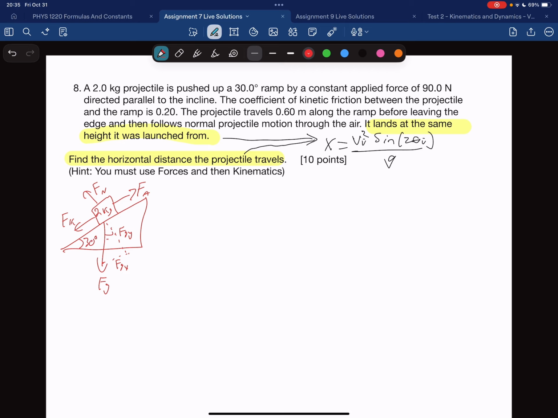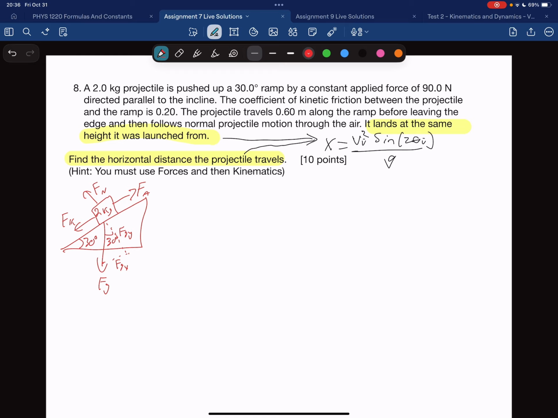And in here's also 30 degrees. I'll mark that while I'm at it. I know g. I need initial velocity here. I need to find my initial velocity. Well, to get that, I'm going to need to know the acceleration of this projectile.